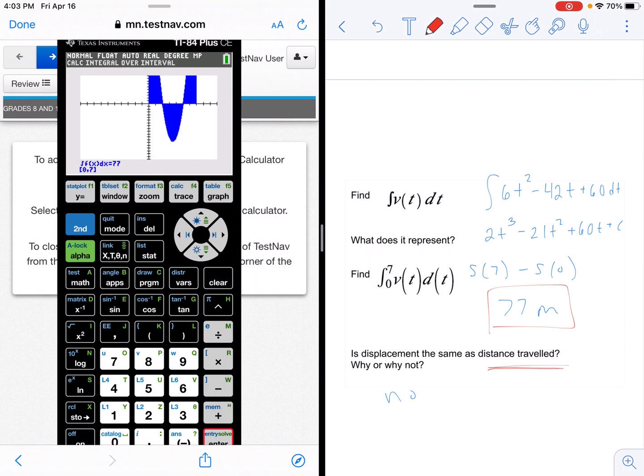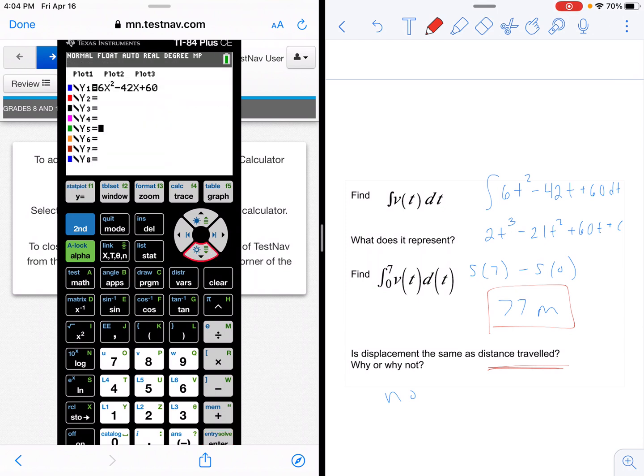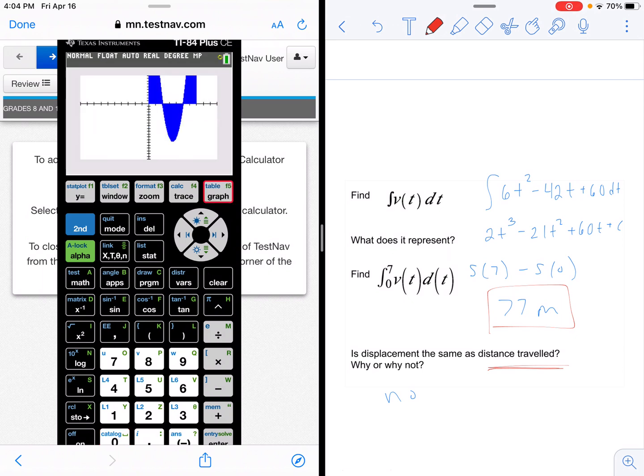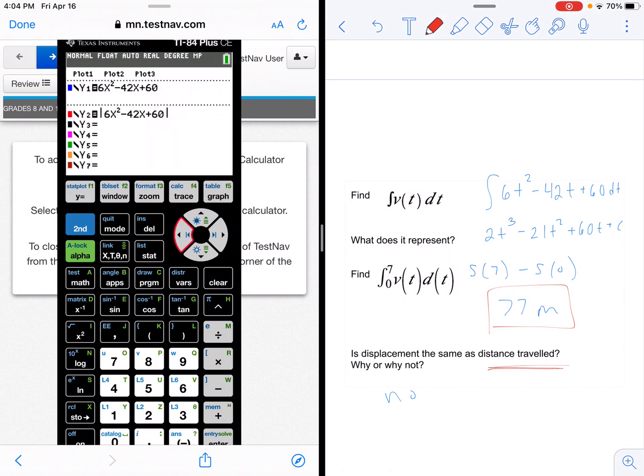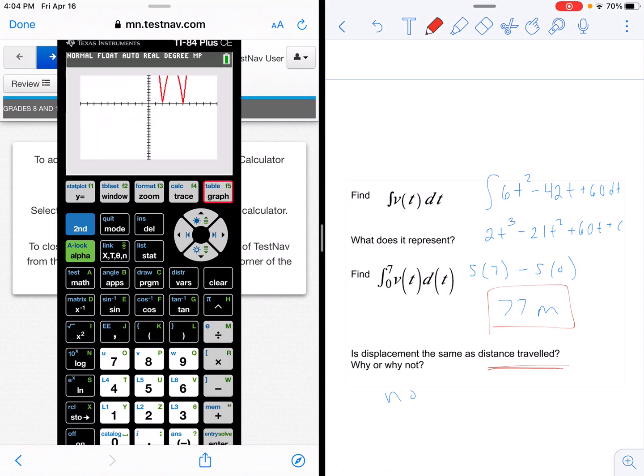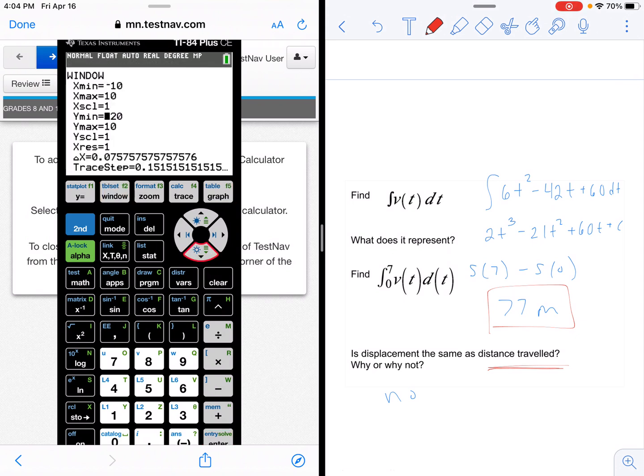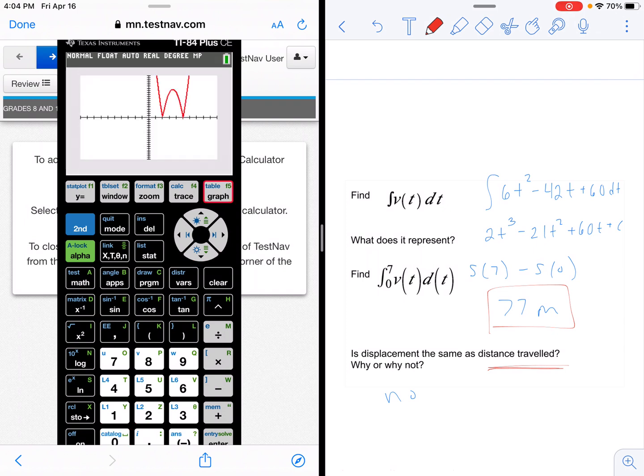So then the question became, how do we find the total distance traveled? Well, we don't want to count that negative area. We don't want to subtract off the parts where it's moving to the left. So we said, well, maybe if we graph the absolute value of the function. So now our function looks like this.